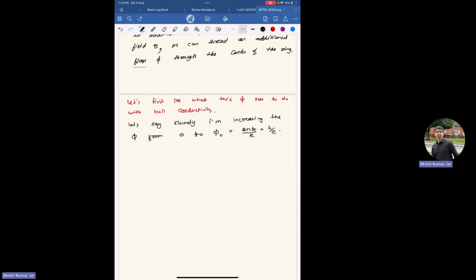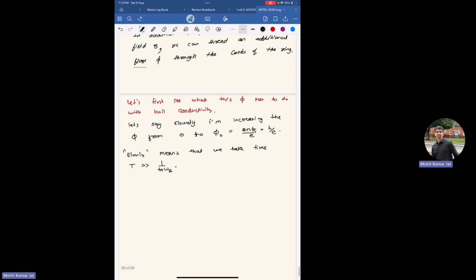Slowly has to do with the time, and the time has to be larger than something. Here that something is h bar omega b. So slowly means that we take a time T which is greater than 1 by h bar omega b, the energy scale of this Landau level system.